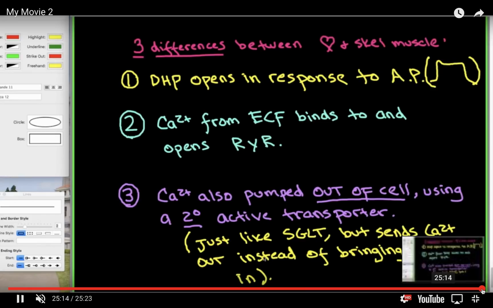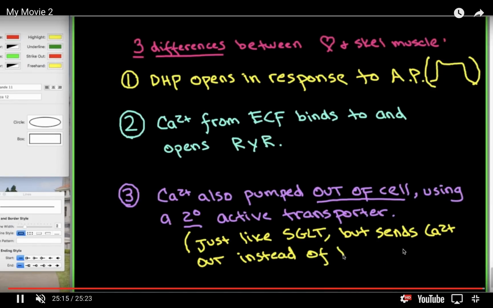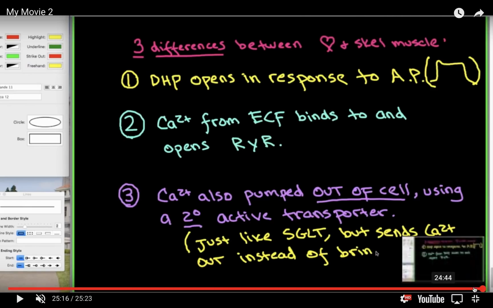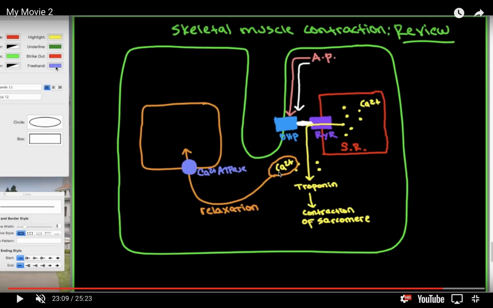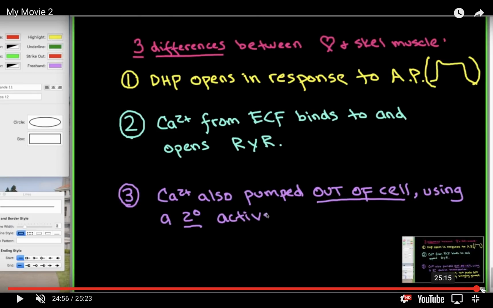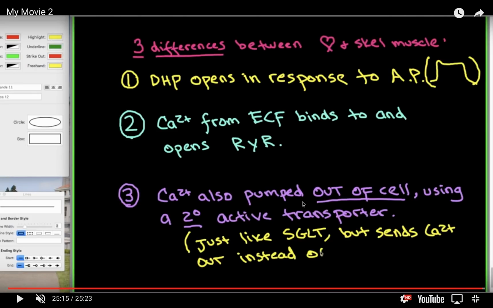So what I want you guys maybe to try to do is to review SGLT and take these three differences in cardiac versus skeletal muscle contraction and try to draw out this picture, but for cardiac muscle. So take this picture of skeletal muscle contraction and use these differences to draw out what cardiac muscle contraction looks like.